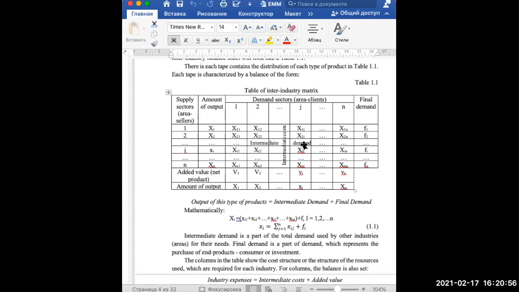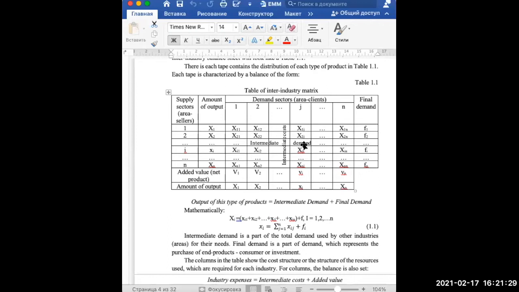So they can be suppliers and consumers at the same time to each other. And each branch produces only one product. So our task is to understand the relationship between sectors, and we know that each branch plays a double role. At the same time, it could be supplier, it could be client. Good. It is the third one.